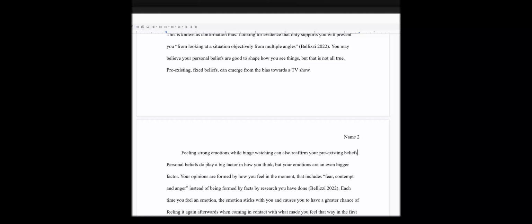Personal beliefs do play a big factor in how you think, but your emotions are an even bigger factor. Let's see, we can rephrase that. Like this next sentence, we'll leave that one alone.